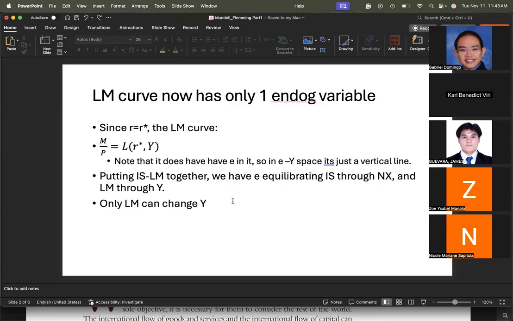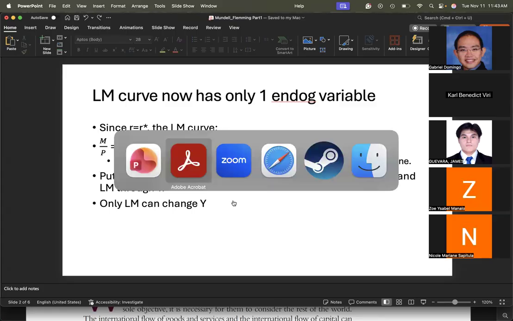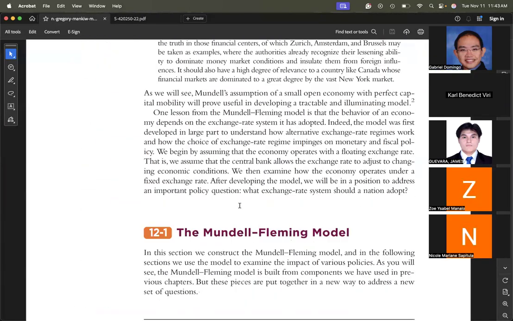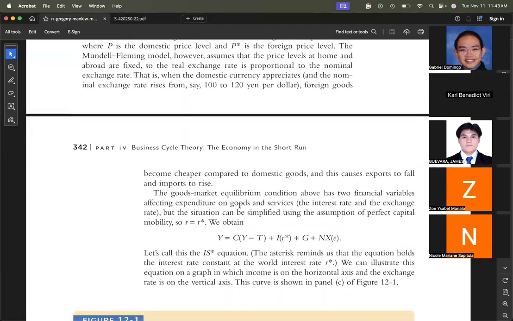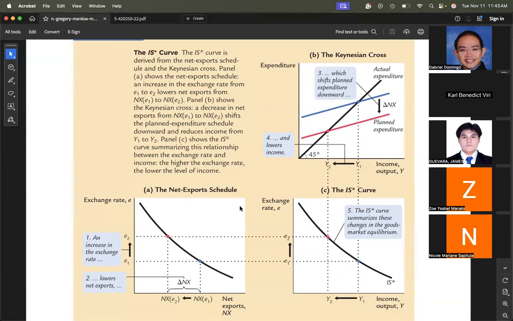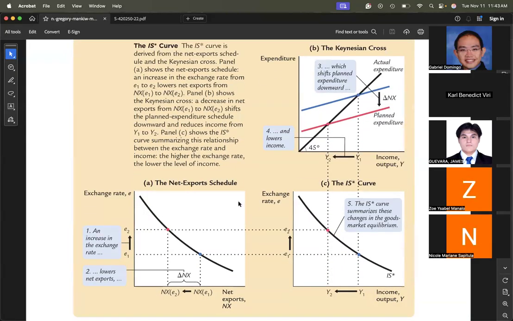Okay, so let's just flash some of the relevant pictures here from the book. Okay, so again, this is the IS curve. Here's the Keynesian cross, where now NX is one of the planned expenditures, so it can shift up or shift down.